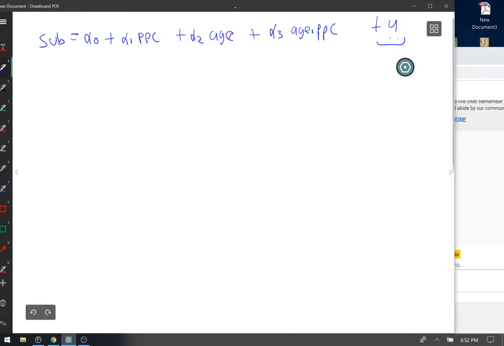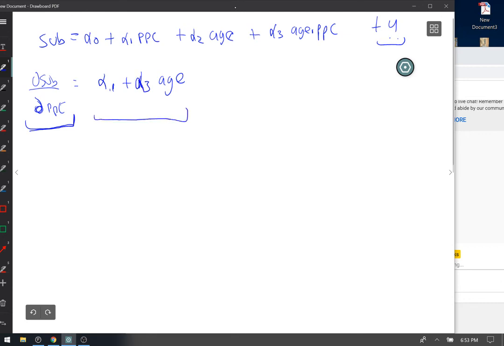Well, here, for example, we can see the marginal effect, let's just do it on P, it's just alpha 1 plus alpha 3 times age. So now, the effect of PPC on subscription, the marginal effect, when alpha 3 doesn't equal naught, is a function of age.